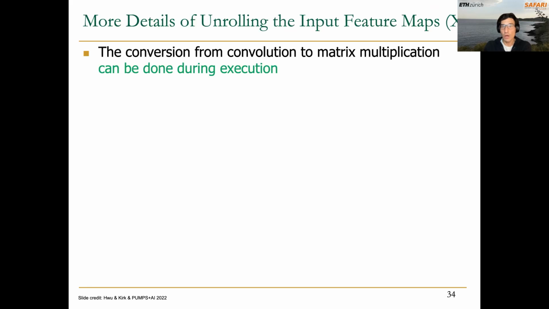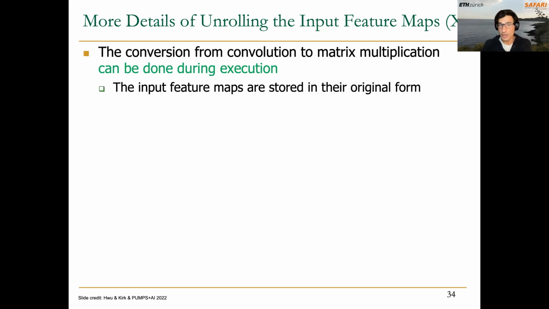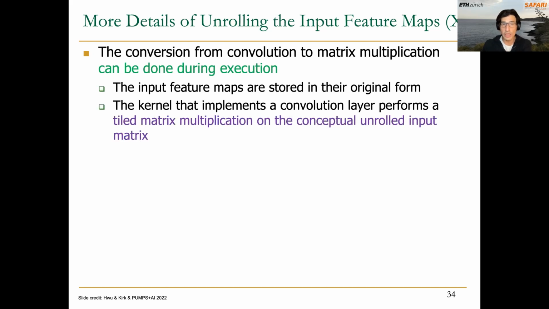More important details about unrolling the input feature maps. One interesting thing, and this is what actually happens in real implementations of convolutional layers, is that the conversion from convolution to matrix multiplication doesn't need to be done in advance. It doesn't need to be a pre-processing step before performing the matrix multiplication. It can be done during execution. The input feature maps are stored in memory in the original form, and the kernel that implements the convolution layer also performs the unrolling on the fly.